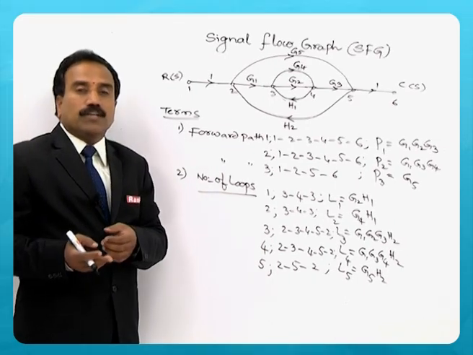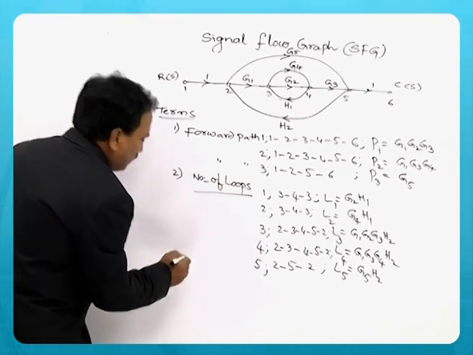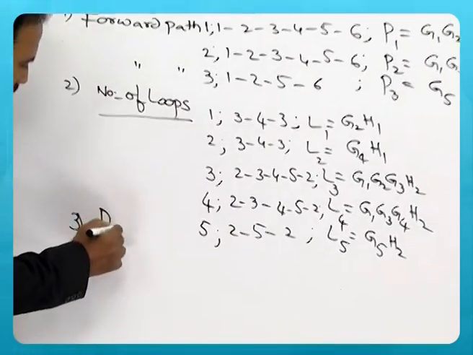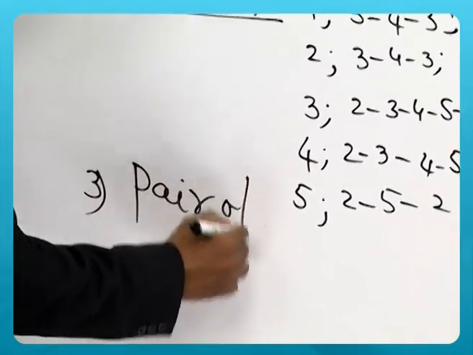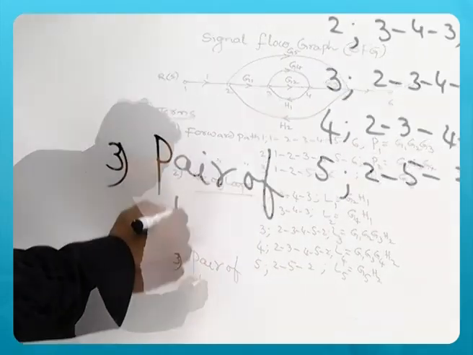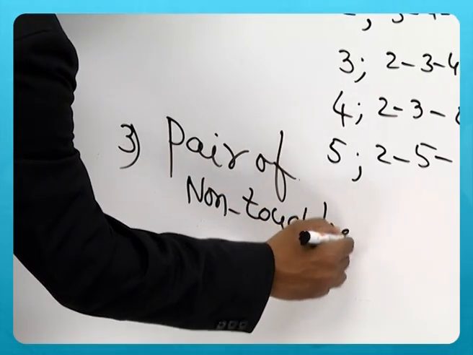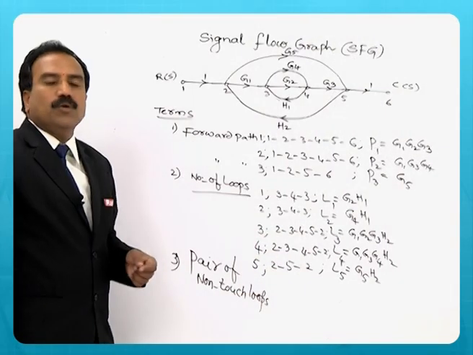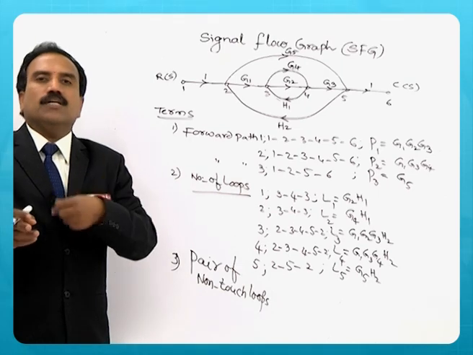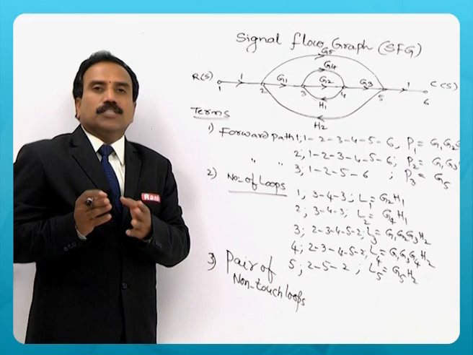Another information required for Mason's gain formula is number 3, pair of non-touching loops. Is there any pair of non-touch loops? So what does it mean? Non-touch loop means loops which do not have a common node. It is said to be non-touch loops.